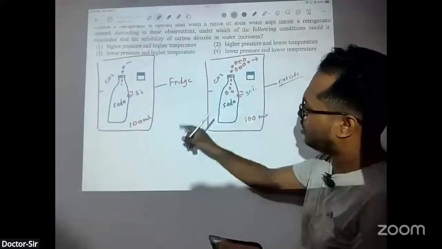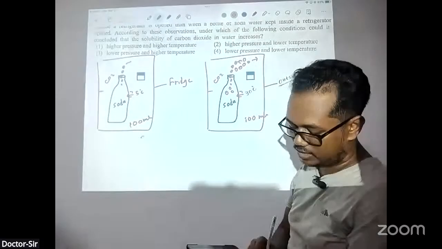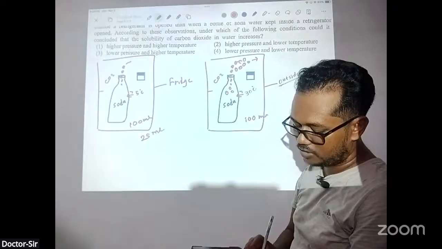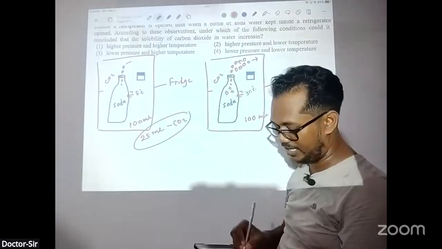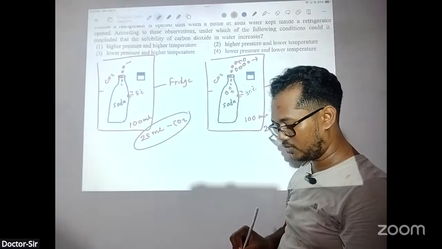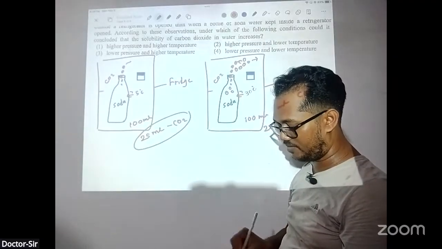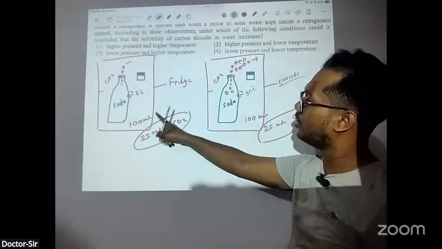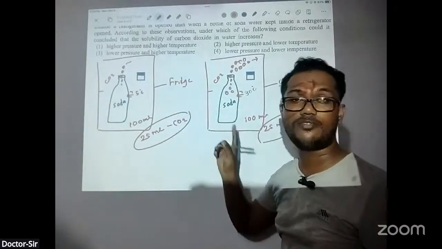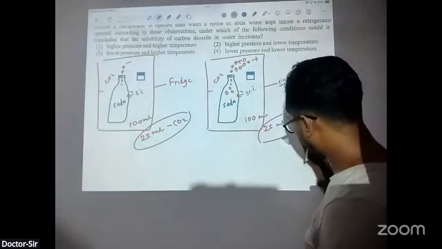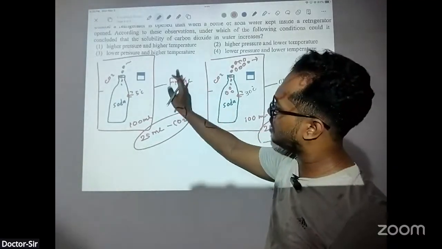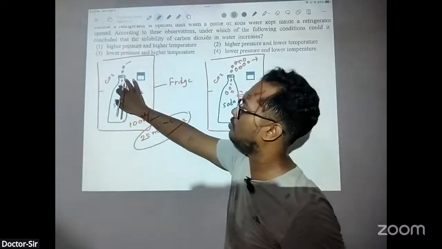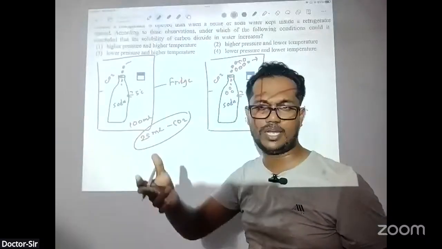That is the company's rule. So they will prepare 100 milliliter of soda with adding 25 milliliter of CO2. That's the same. But when you take this bottle from the fridge, you will observe a little amount of the CO2 releasing.